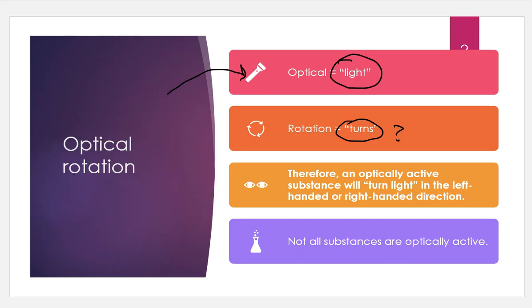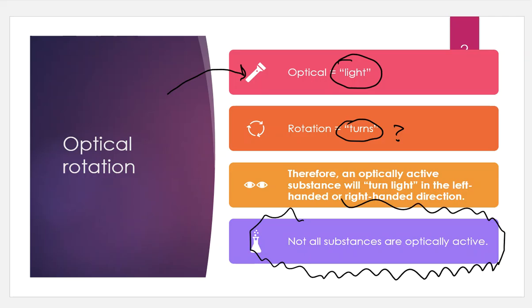And one of the drastic things that you need to remember, ding, ding, ding, that's going to be a question, is that not everything is actually optically active. All right. So some things are, and many things that we work with, especially in the pharmaceutical industry or maybe even in the food additive ingredient industry, could turn light left-handed or right-handed by an order of magnitude.